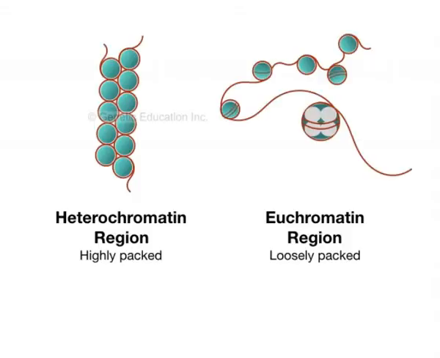The euchromatin and heterochromatin can be distinguished as follows. Euchromatin is less densely packed, that is, dispersed in appearance and has relatively open structure. The heterochromatin, on the other hand, is densely packed and relatively closed structure.